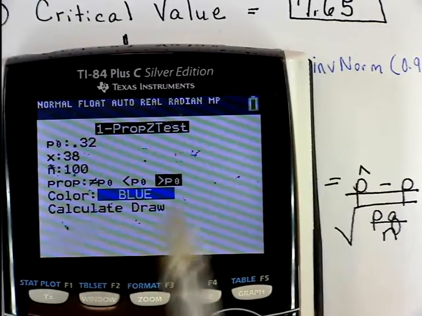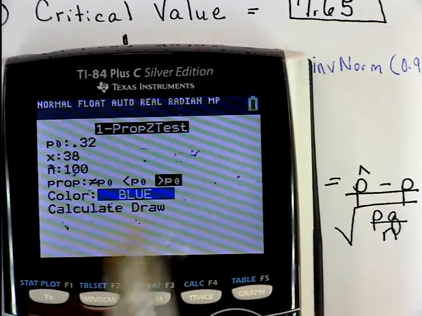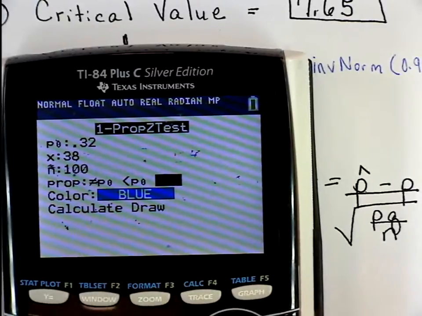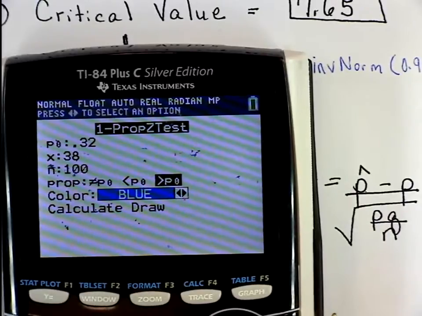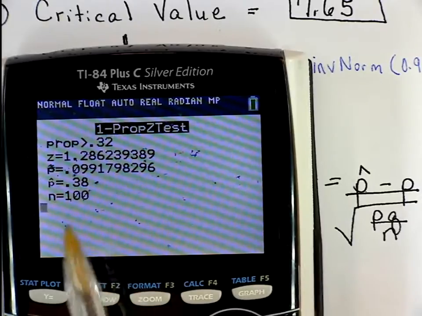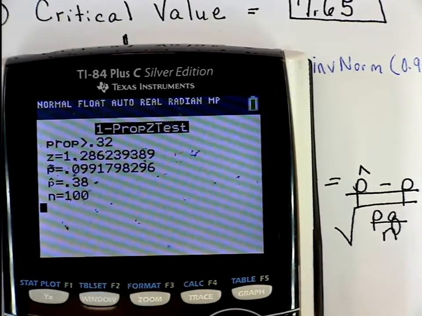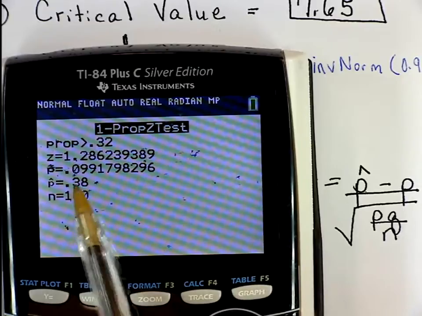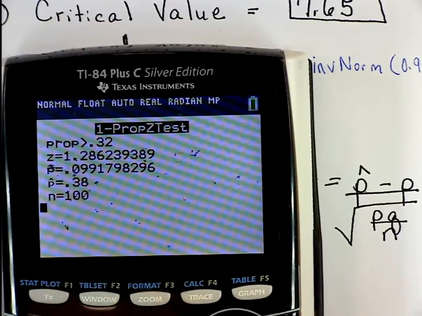So go back up and remind yourself that your alternative was greater than 0.32. And then calculate. Your test statistic Z is 1.29, which is the same as the formula. And in just a moment, we're going to do the p-value method for this problem, but it is 0.0992 for the p-value that you receive on the calculator.